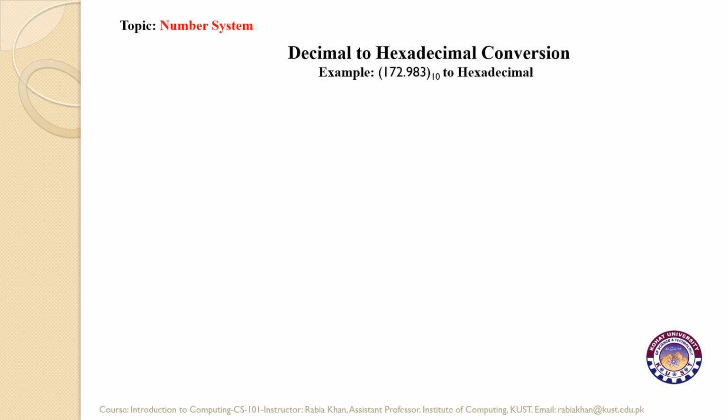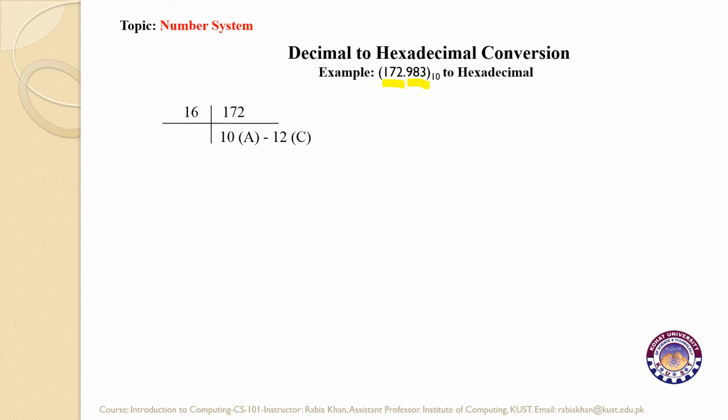Let's see another example in which we again have an integer part and a fractional part, 172.983. So we need to perform two separate conversions. The integer part is divided by 16 while the fractional part is multiplied by 16. First we convert the integer part, 172. It is divided by 16 and the result is 10 as quotient and 12 as remainder.